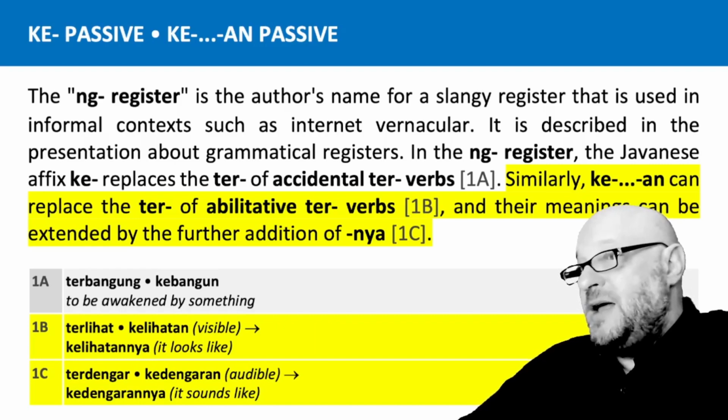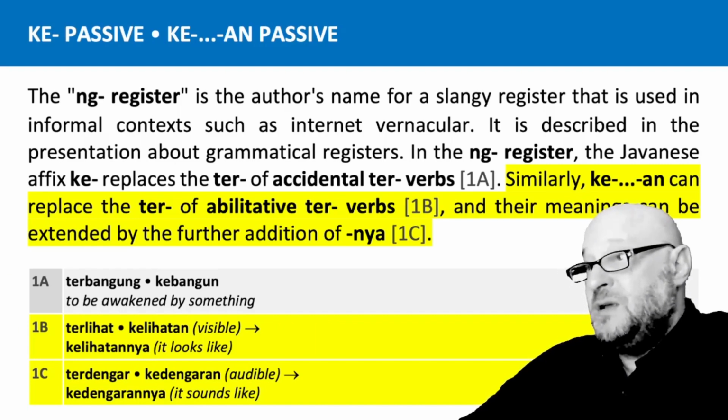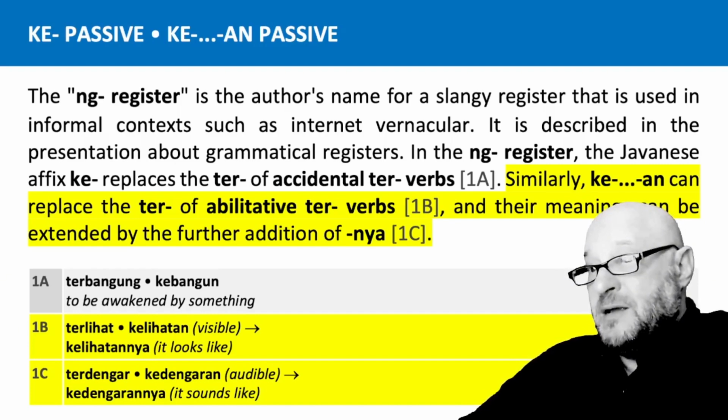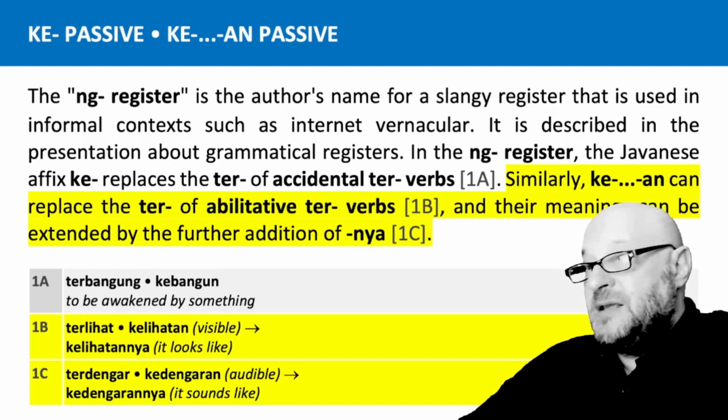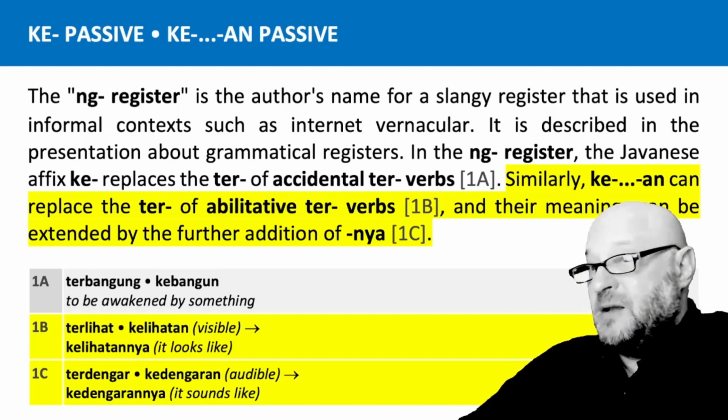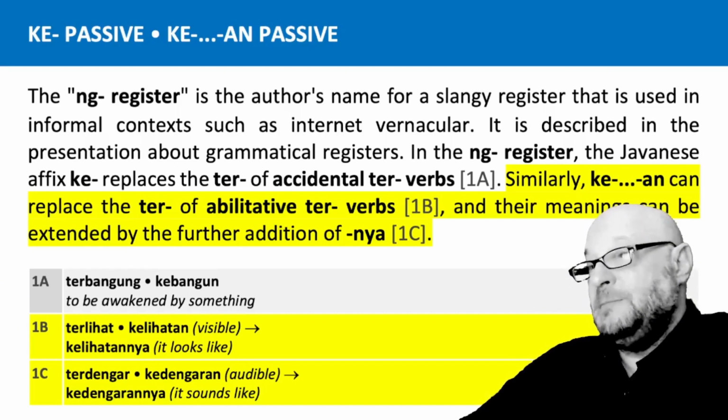Similarly, ke-an can replace the ter of abilitative ter verbs. Example 1b, terlihat, kelihatan, visible, and their meanings can be extended by the further addition of nya. So terlihat, kelihatan can become kelihatannya. Visible turns into it looks like.